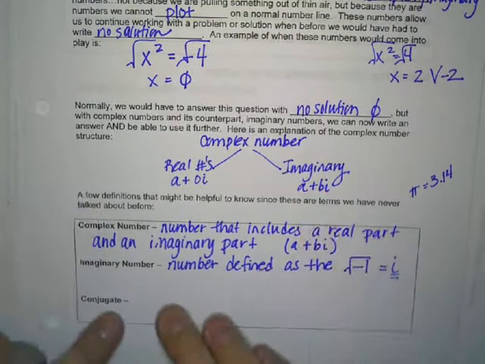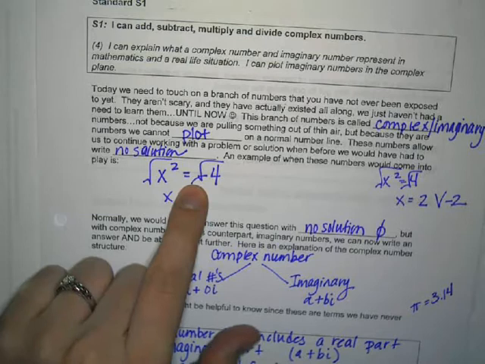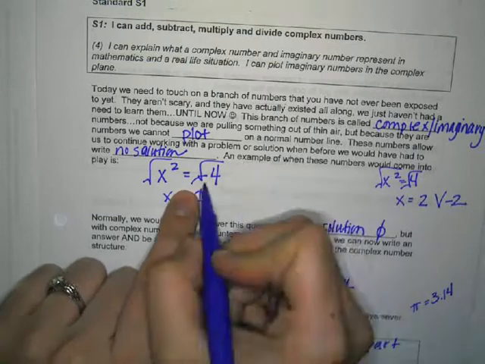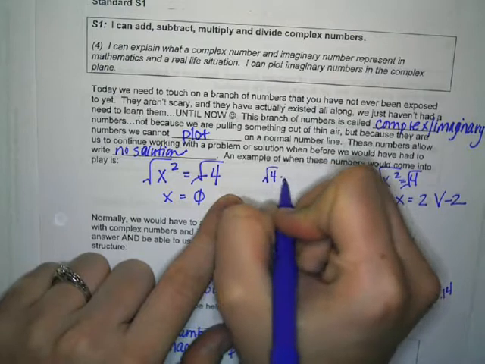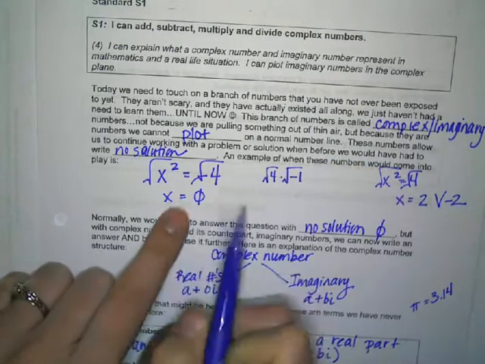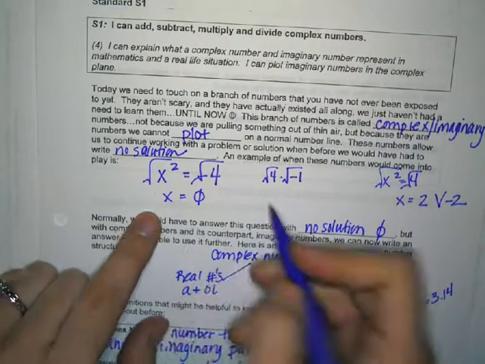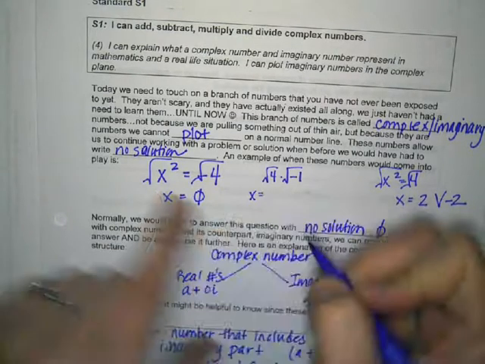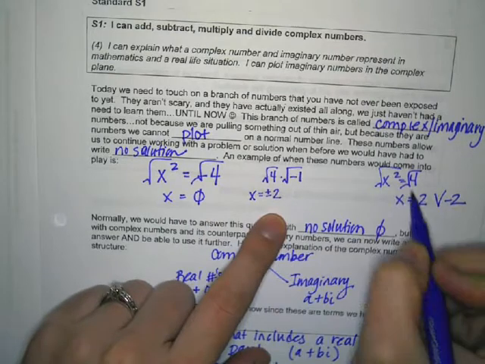Going back up here, in this case that we were talking about, we can split this number up into the square root of 4 times the square root of negative 1, because negative 4 is 4 times negative 1. And then when we solve it, we get plus or minus 2, because that's what we got when we took the square root of 4.